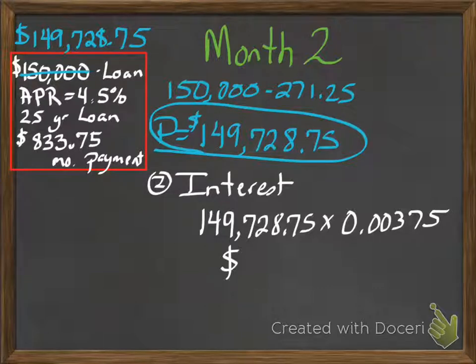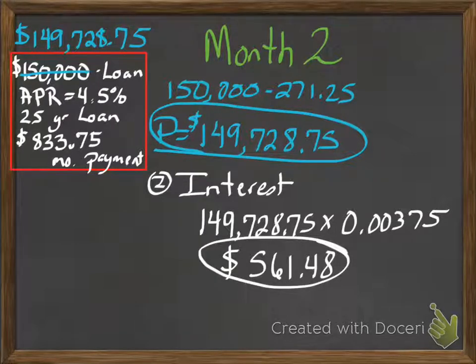Do you think it's going to be more or less than last time? Less, because we owe less. The interest rate is the same, just how much we owe is less. So how much we pay in interest is going to go down: $561.48. That's how much of our payment is going towards interest.